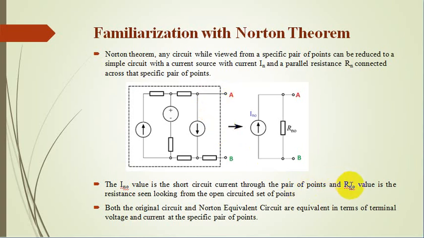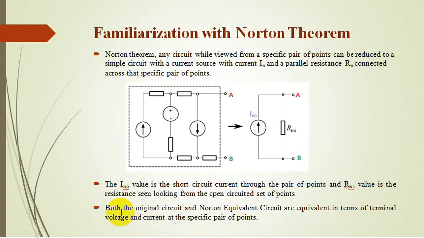And the R N value is the resistance seen looking from the open circuited set of points. The definition of the Norton equivalent resistance is the same as that of the Thevenin equivalent resistance, but the difference is between the current source and the voltage source. The voltage source is the open circuit voltage, but the current source is the short circuit current. This statement is the same for both theorems.